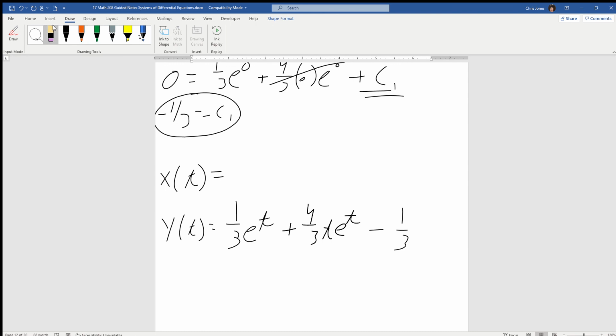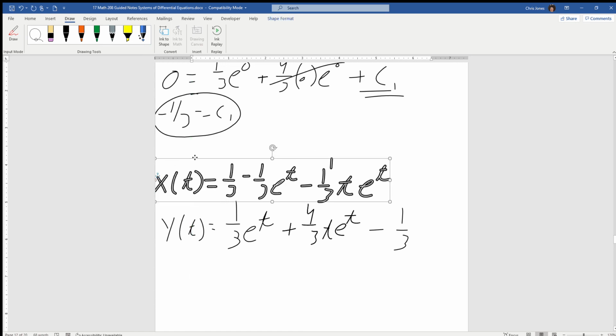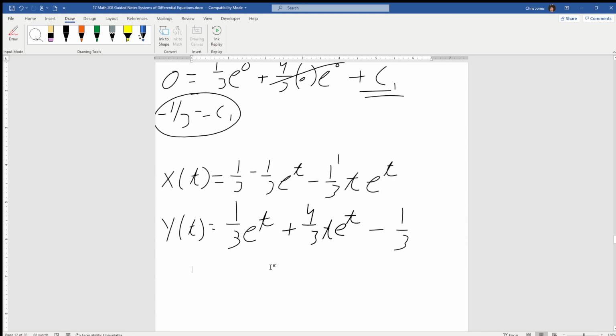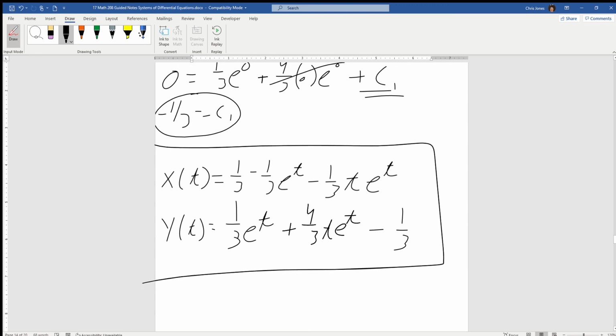Let's see if we can do some magic here instead of me having to fumble back and forth and copy it. Good enough. We're going to end up with 1/3 minus 1/3 e to the t minus 1/3 t e to the t. All right, so that's how we can utilize our Laplace transforms to solve these systems.